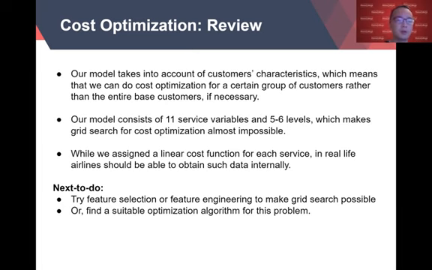Second, our model consists of 11 service variables with 5 to 6 levels, which makes grid search for cost optimization impossible. And third, we assign a linear cost function for each service. In real life, the airlines should be able to obtain such data internally.